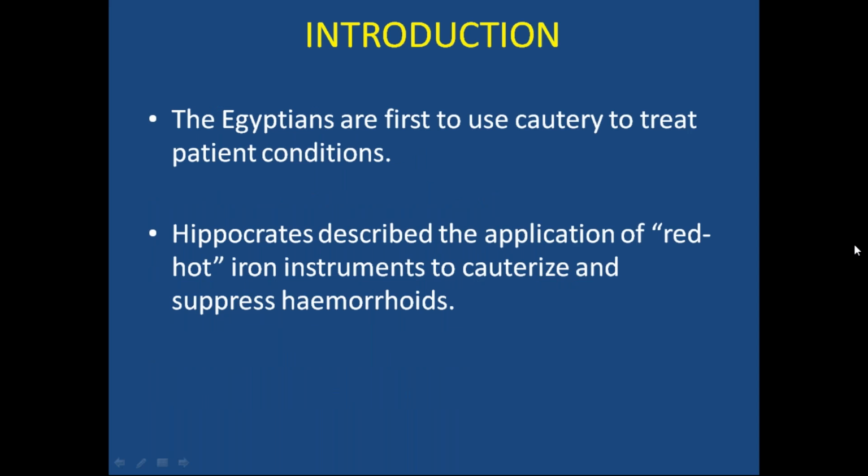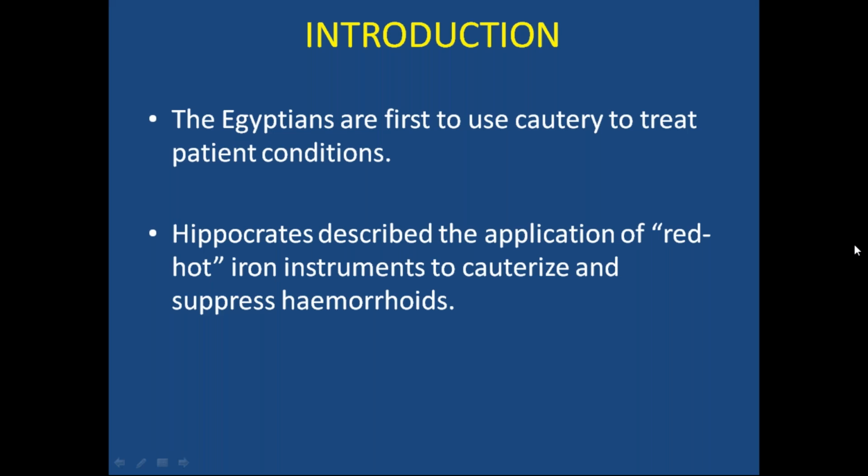So coming to the introduction, first, why do we use electrosurgery? Why do we need electrosurgery, diathermy in surgery? To basically control the bleeding. That is the main purpose of electrosurgery. In previous days, they used to tie the bleeding vessels using threads or silk or any other suture material.